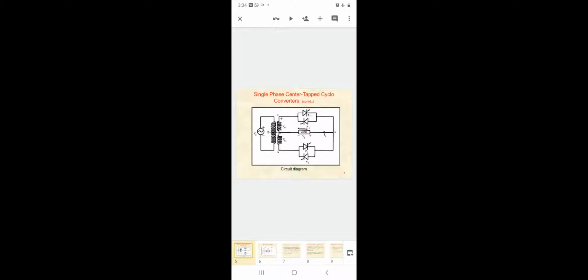Once again I am repeating the operation here. During the positive half cycle, two thyristors P1 and N2 start conducting. During the negative half cycle, P2 and N1 start conducting.